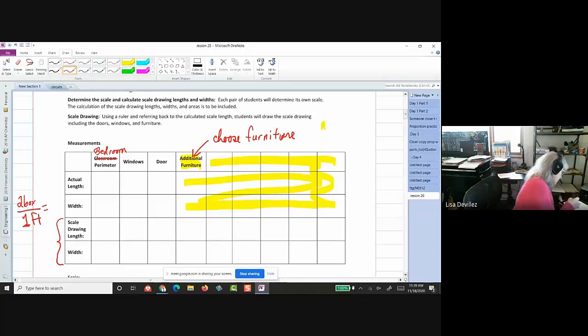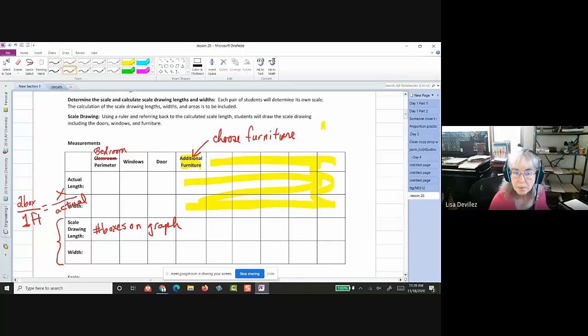And on the other side, I would put my actual length or width, whichever value I'm transferring, to X. In this part of the table, this is going to tell me the number of boxes on the graph, so that's going to help me scale it down.